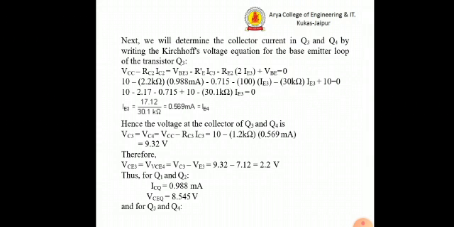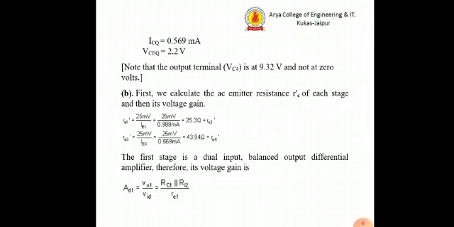So for Q1 and Q2 we have derived the value of ICQ and VCEQ, where Q stands for the quiescent point, and for Q3 and Q4 the values derived are ICQ equals 0.569 milliampere and VCEQ equals 2.2 volt.